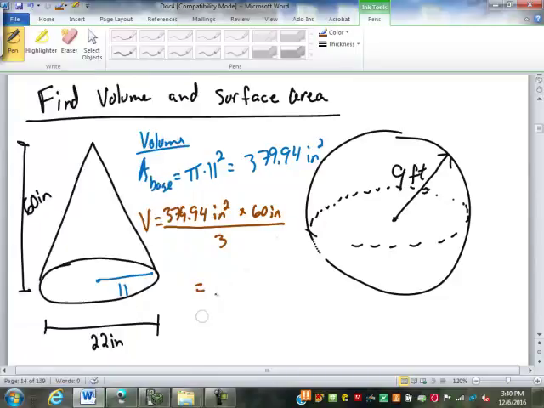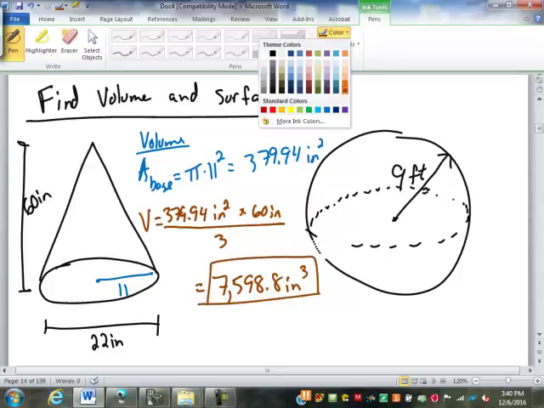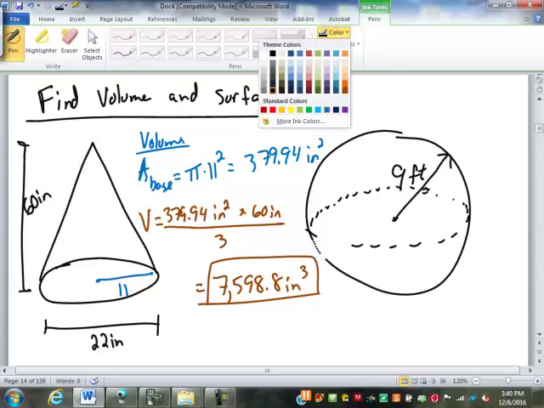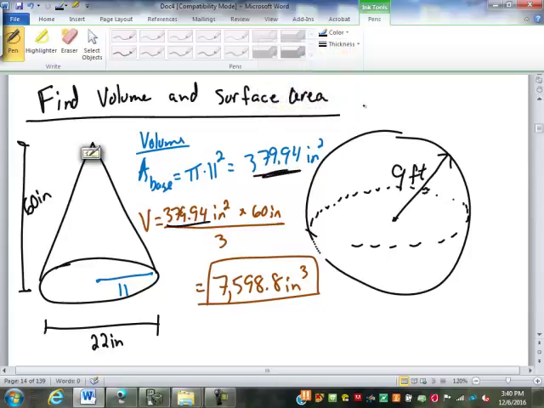It was 7,598.8 cubic inches. Anybody have that for the volume? Okay. Yeah, that's the same as this number here.